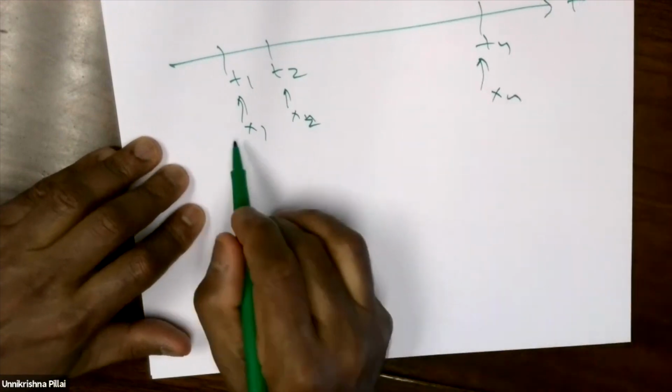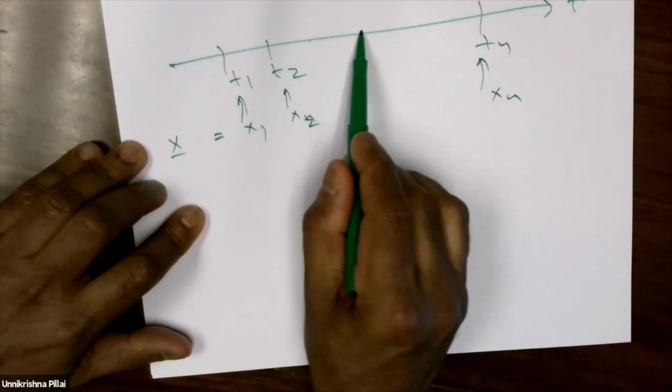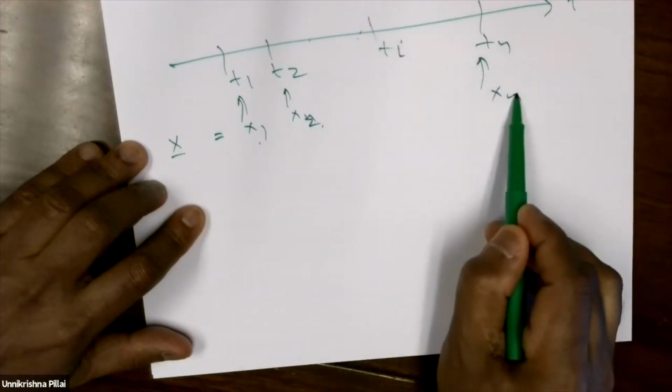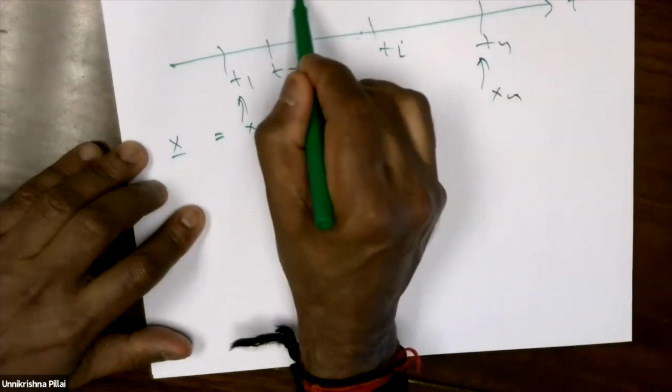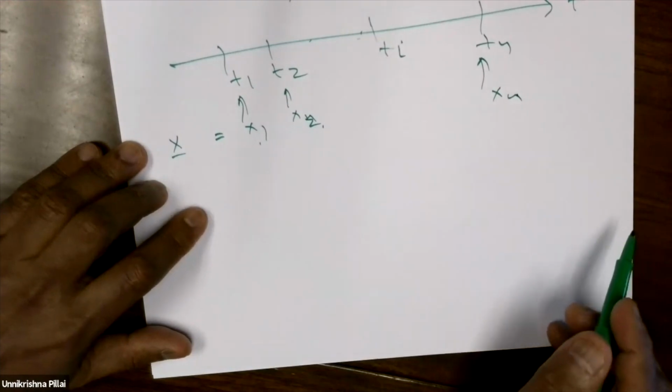If you take any arbitrary time instances t1, t2, ti, tn, you will get n random variables. What we mean by the process being Gaussian is that the joint density function of all these is Gaussian.